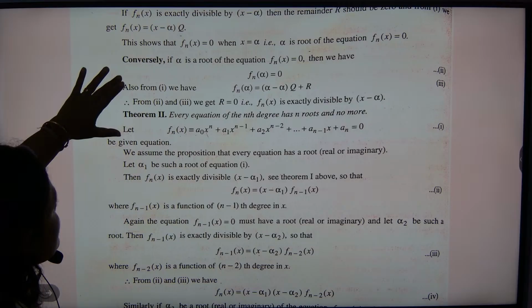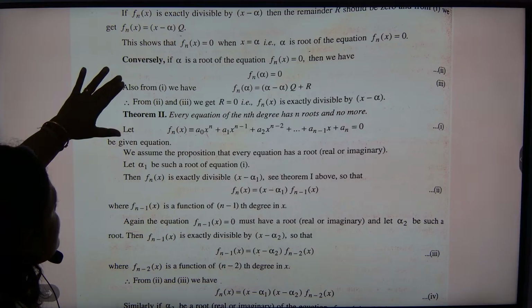And these are some theories. This is important: in an equation with real coefficients, complex roots occur in conjugate pairs. We all know this.